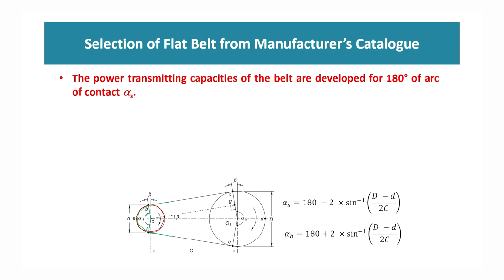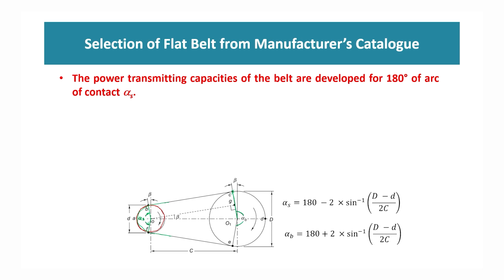So, the wrap angle of the belt is given by this angle. It is given by alpha s. For the driven pulley, this angle is this one, because the belt is leaving the surface of the driving pulley at C and E. So, this bigger angle is the angle of wrap, alpha b for the case of driven pulley.